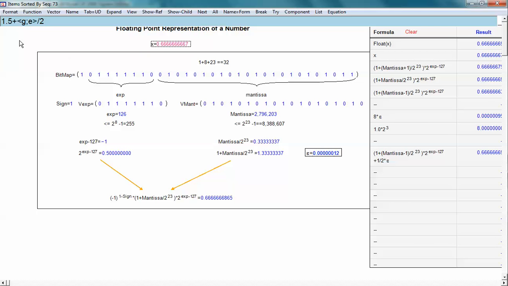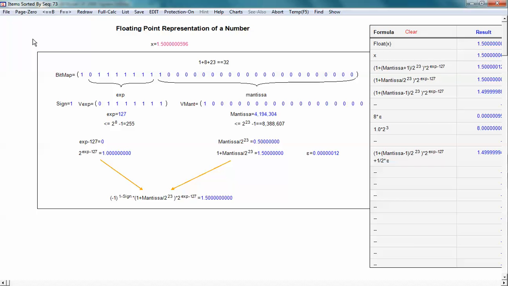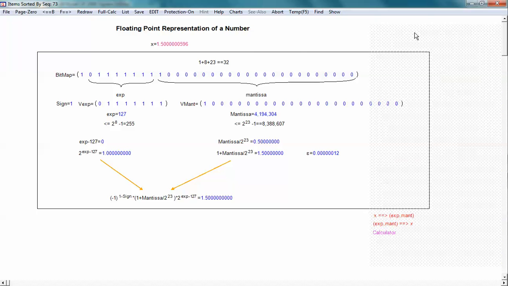Now 1.5, that's 1 plus 1/2. So that is a machine number. 1 plus 1/2 is a machine number. Then I add half of epsilon to it. I end up with a number halfway between two machine numbers.